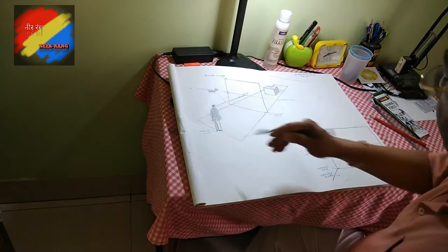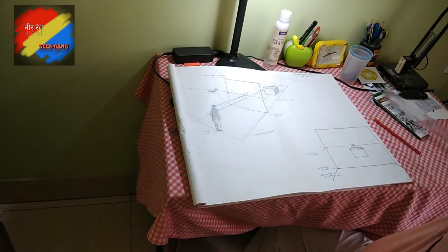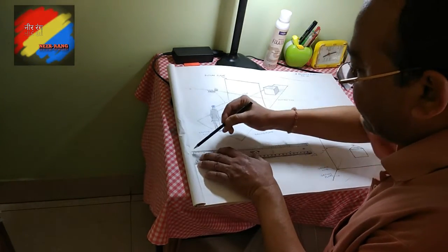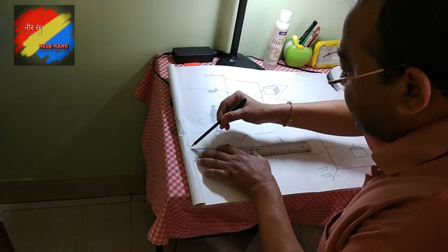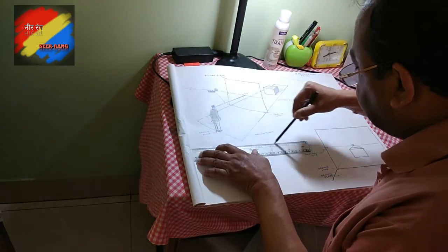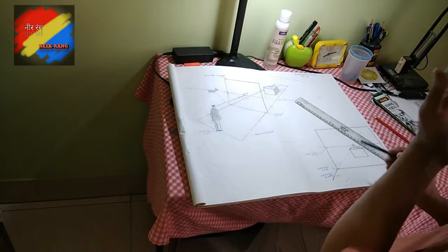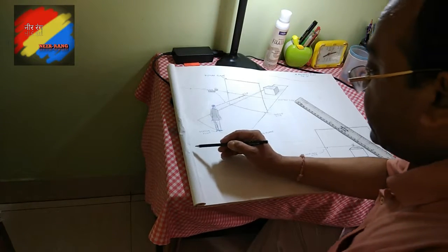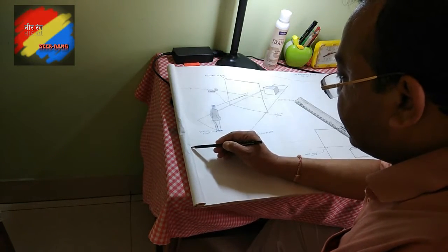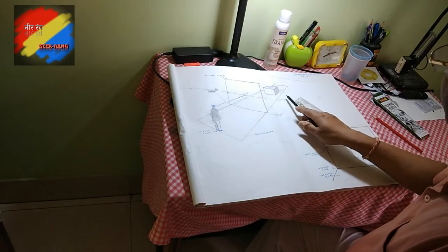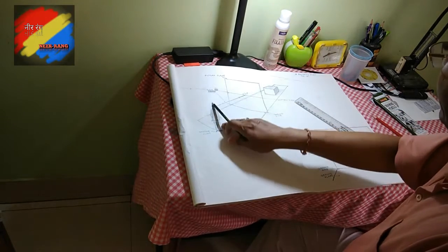Okay, let me draw what I would see. So let me draw a horizontal line. I would like to call it a horizontal line. There is a difference between a horizontal line and a horizon line. Let me put one vanishing point here because I am seeing this box from an angle, not directly like my friend.